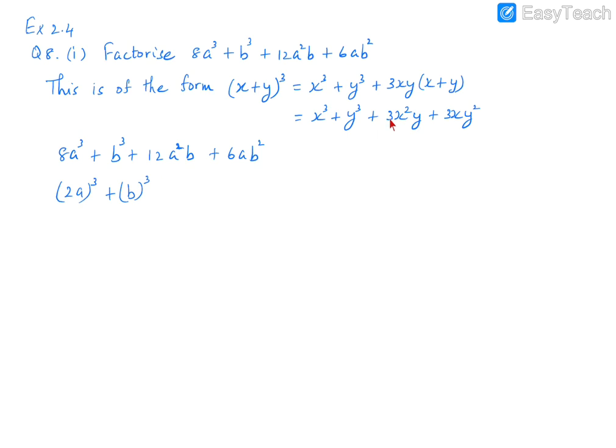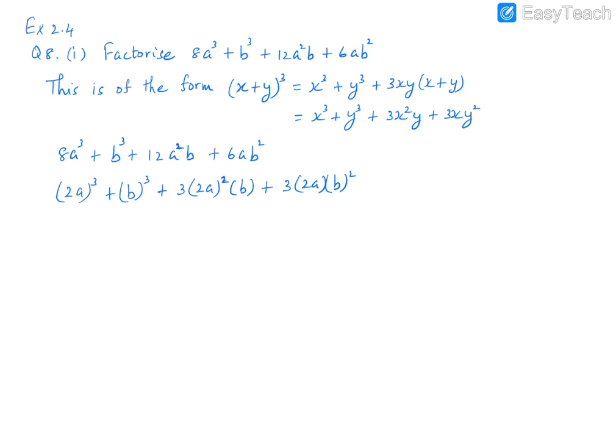And then in our identity we have 3 times x squared y. So in place of x we have 2a, so that's going to be 3 times 2a square, and y is simply b, so into b, plus the last term is 3 times xy square. 3 times x is 2a, and y is b, so that's b squared.